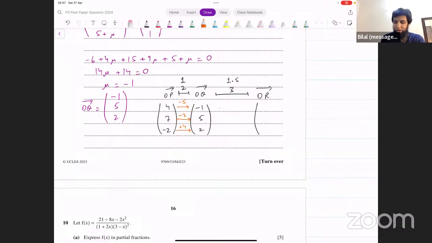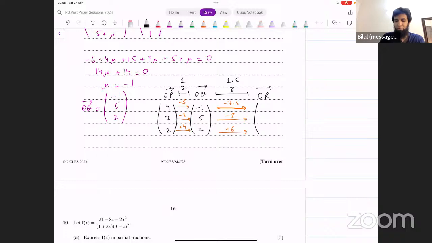So in order to get to point R now, what you have to do is minus 5 into 1.5, that's minus 7.5. Minus 2 into 1.5, that's minus 3. And then 4 into 1.5, that's plus 6. You have to go this many units more to get to the point R.